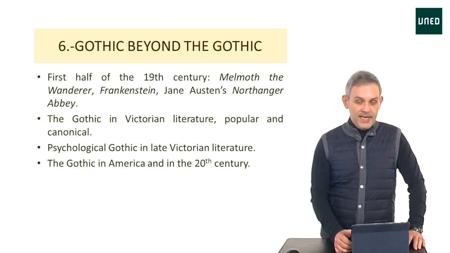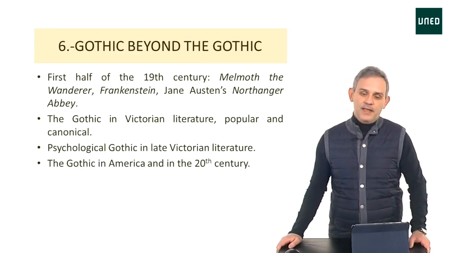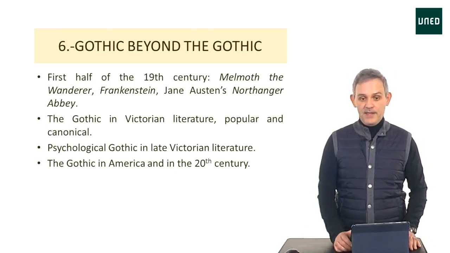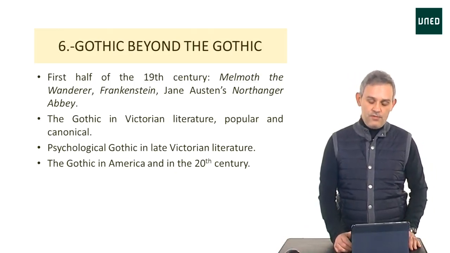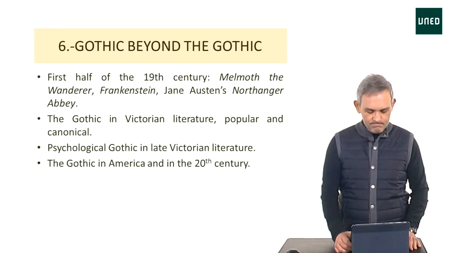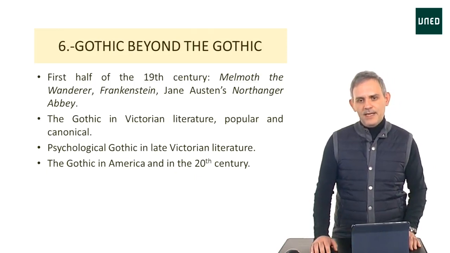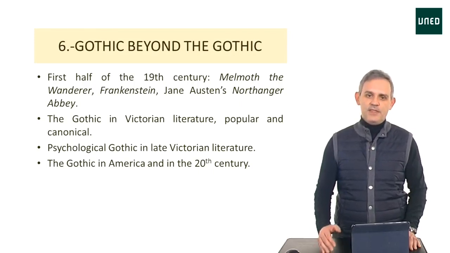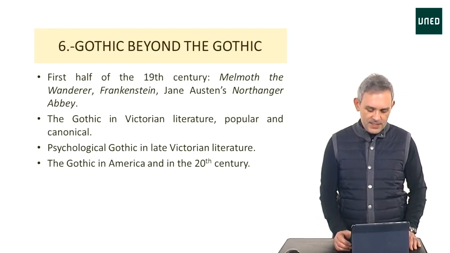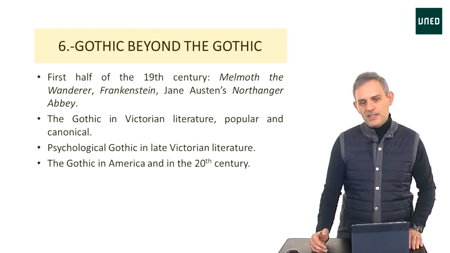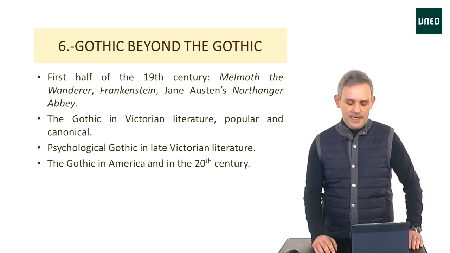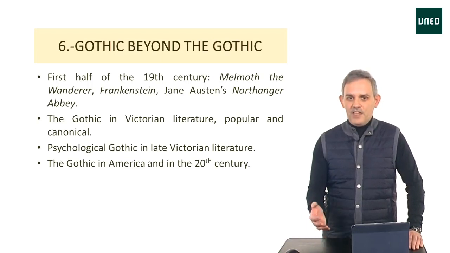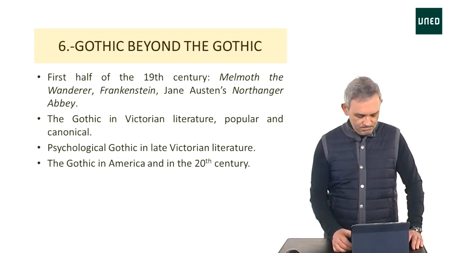And finally, in 19th century American literature, the Gothic is, of course, epitomized by the work of Edgar Allan Poe. And as I was saying earlier, the Gothic transcends not only the 18th century, but the 19th. And in the 20th century, it has continuities in film and television, and in the work of authors like Stephen King and Anne Rice.